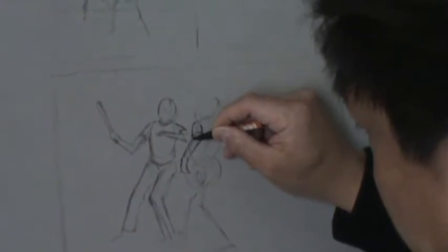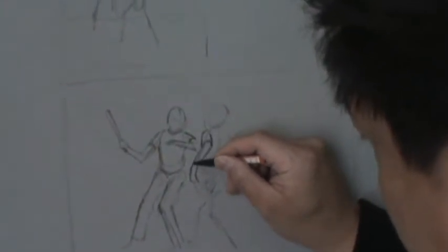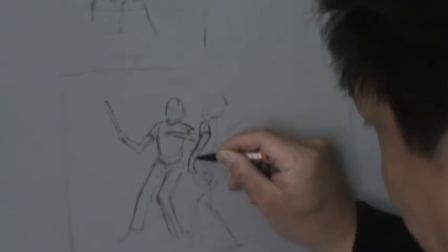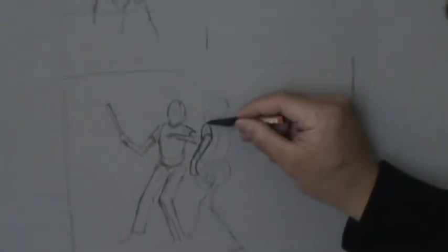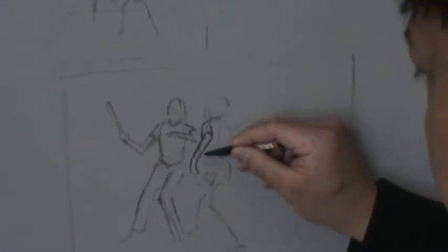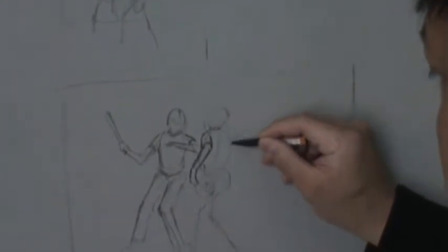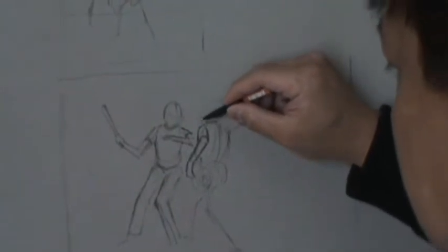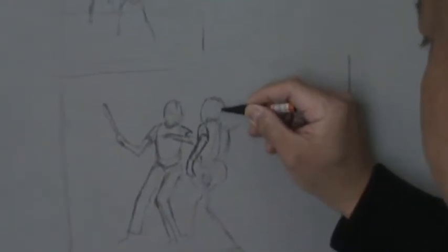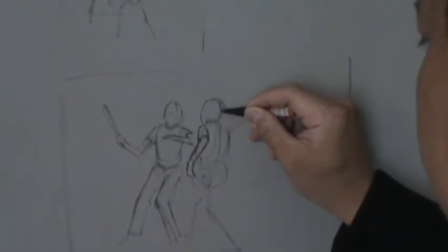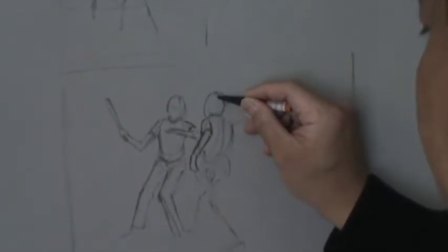For foreshortening, it's really important to get those overlaps to sell the figure as having one form coming across the other. And this person's head is going to be slightly tilted, so its axis will be more like that.